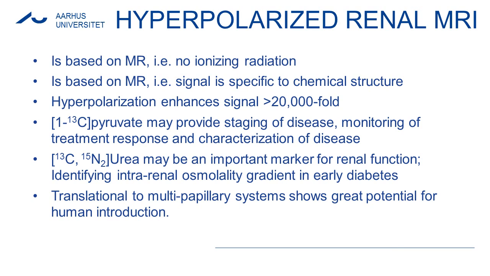And last but not least, we have recently been working with translating the things we found with hyperpolarized urea to a multipapillary system, and this shows quite great potential for introduction into human use.